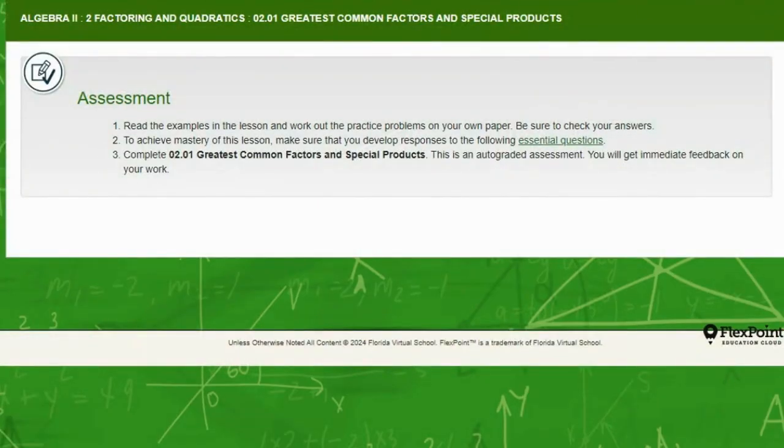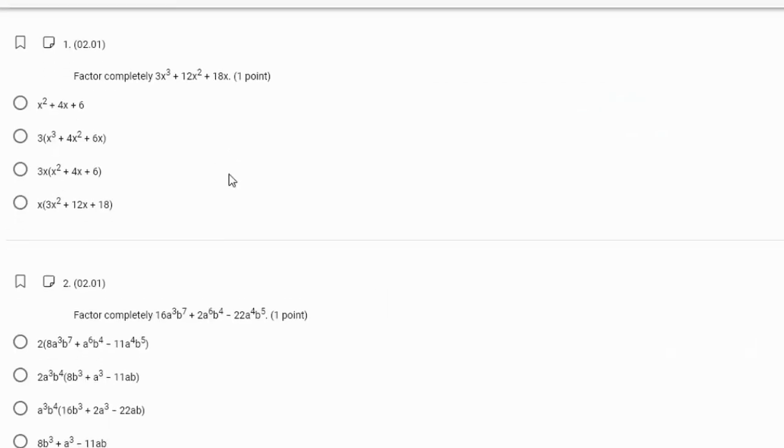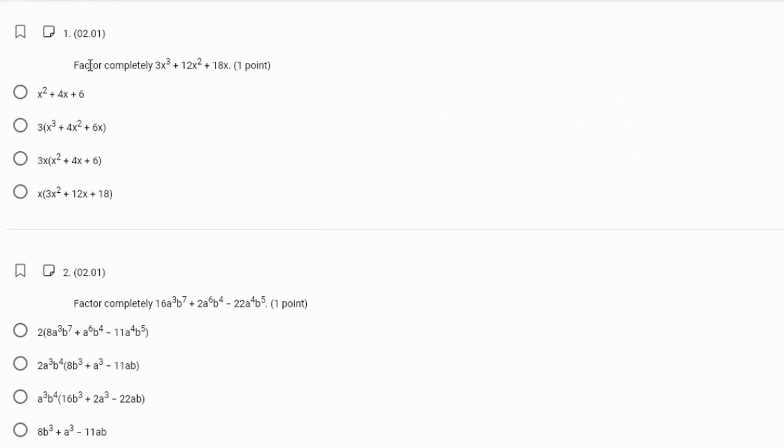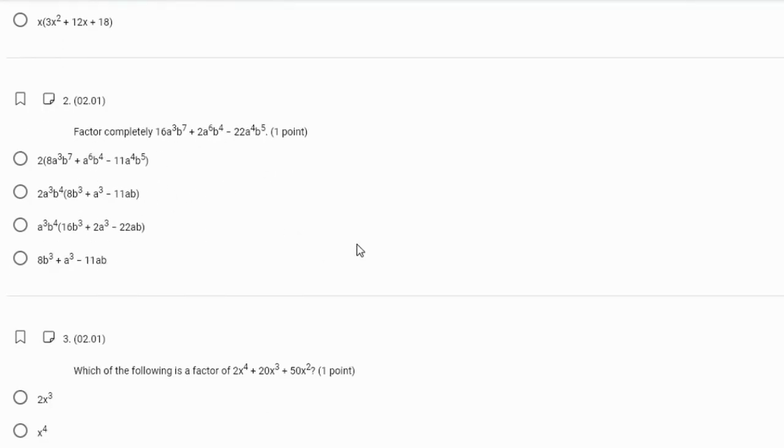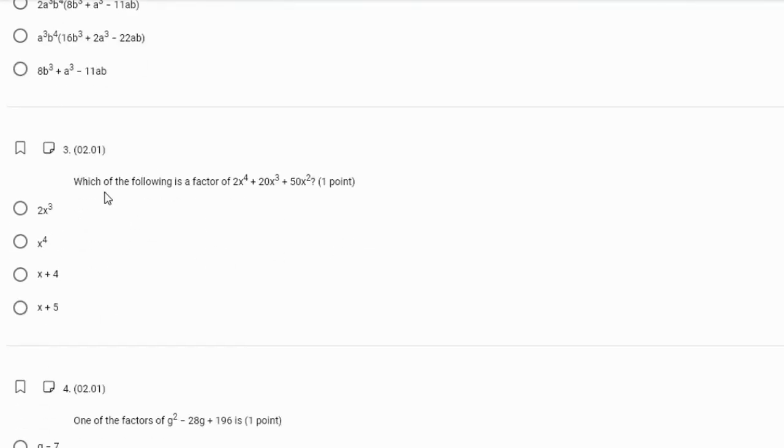Let's look at the assignment while we're here. Factor completely. Looks like you can only take a greatest common factor out. Didn't factor any farther. This one, factor completely. Which one of those 4? Oh, this one, which of the following is a factor? So this one you factor as far as you can get and then figure out which one of those that would be.